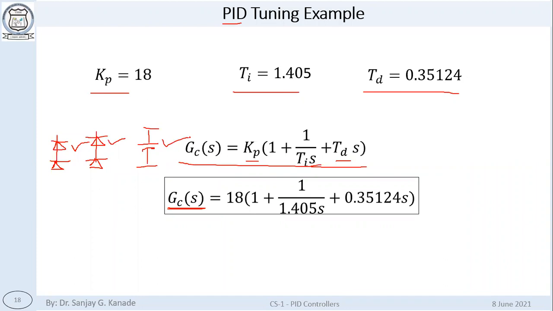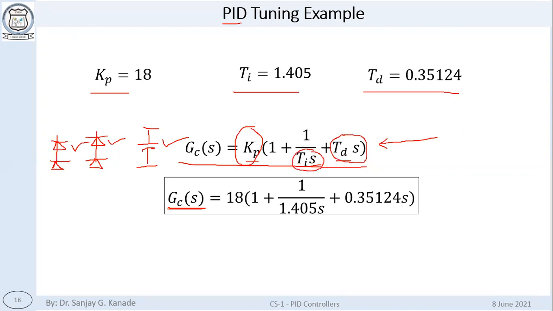In the control system case, sometimes you already know the equation. This is the equation of the controller, because we are using a PID controller. PID is a well-known, quite popular technique, so everyone knows the equation of the PID controller. What they don't know is the values of these parameters for your particular task.